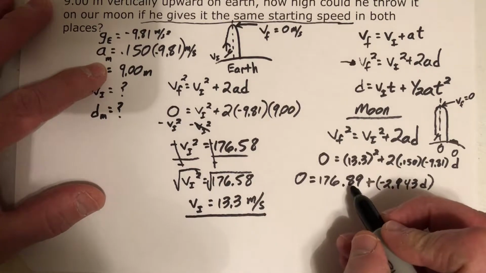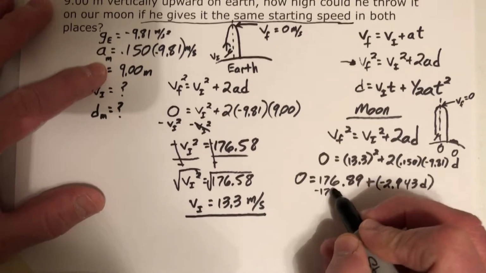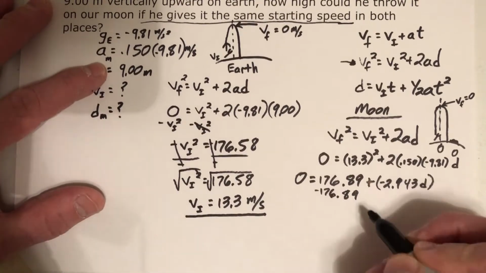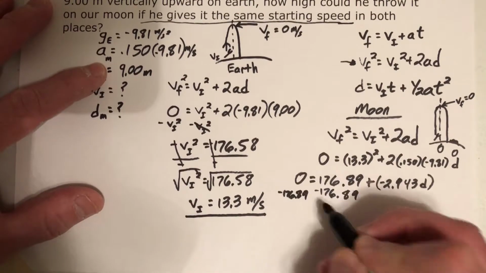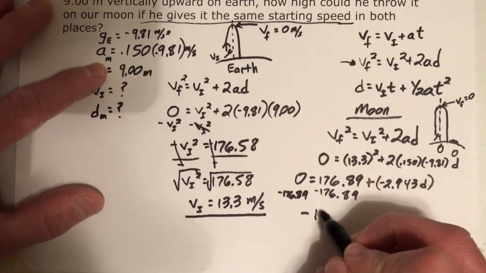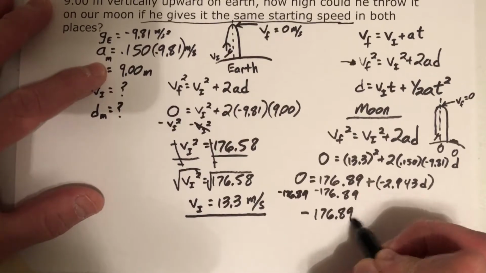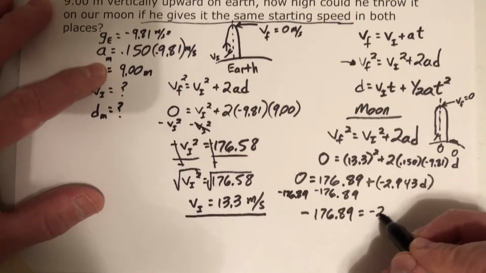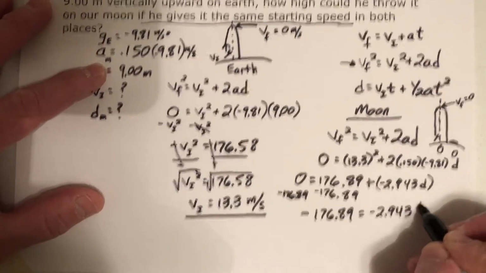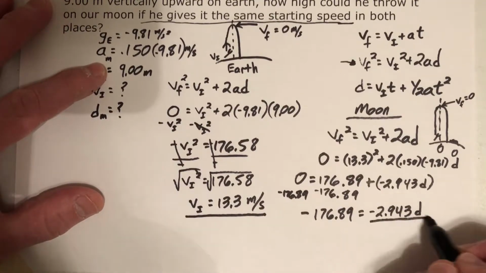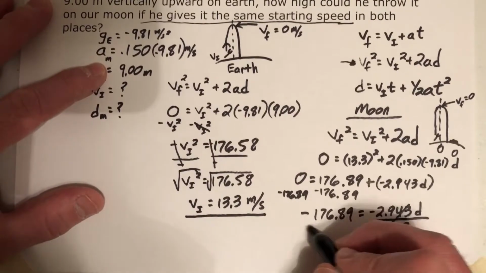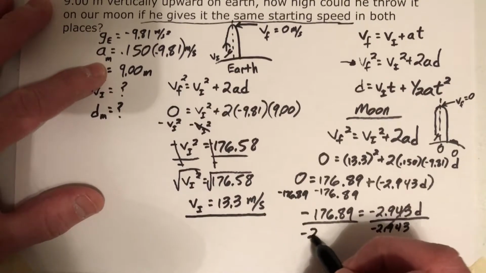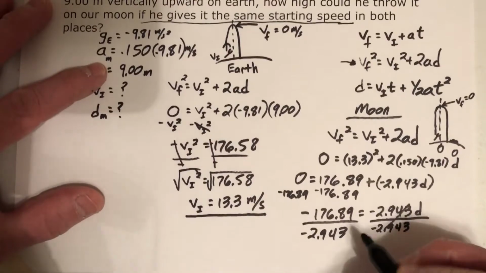So now what I'm going to do is subtract the 176.89 from this side, subtract 176.89 from this side. I get a negative 176.89 equal to a negative 2.943D. I'm going to divide by negative 2.943.